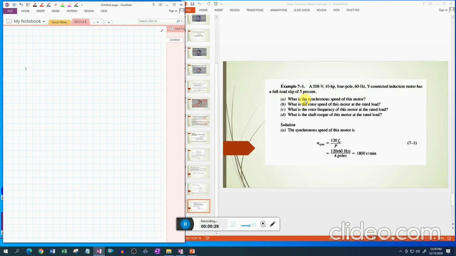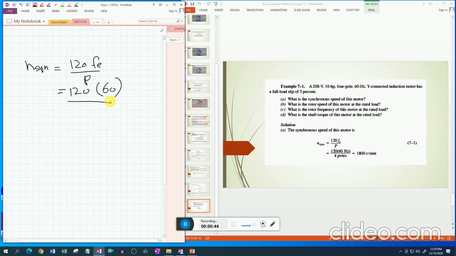Synchronous speed, we already studied that n synchronous is equal to 120 fe over p. Frequency is here 60, and poles are also given here, 4. By solving this, it becomes 1800 revolutions per minute. This is part A.